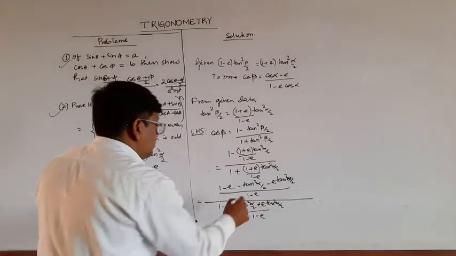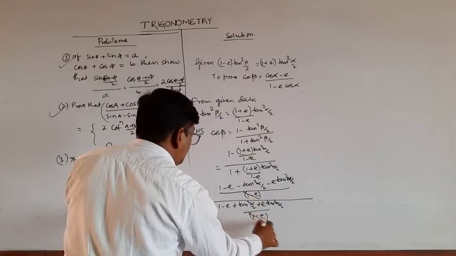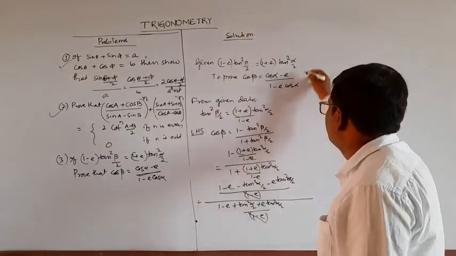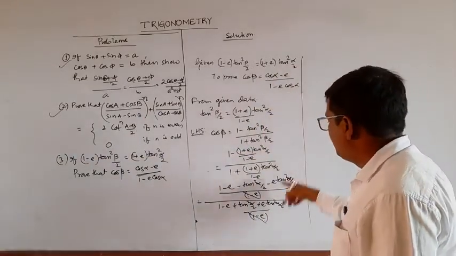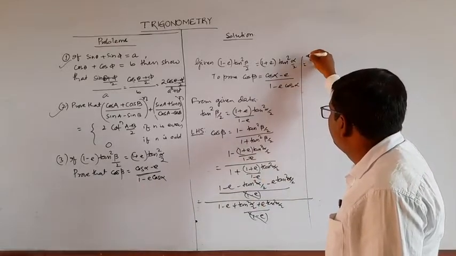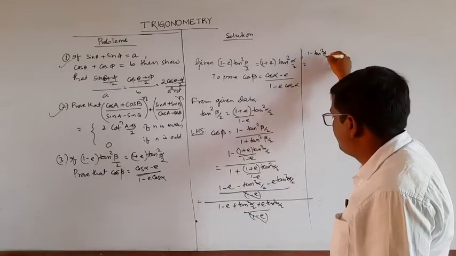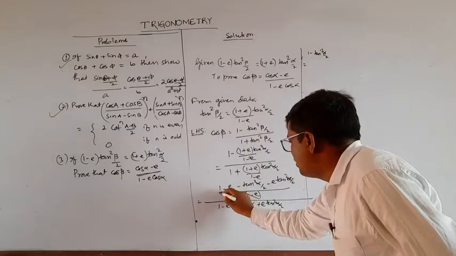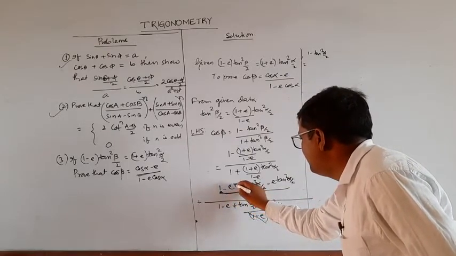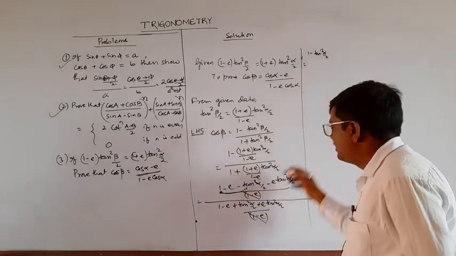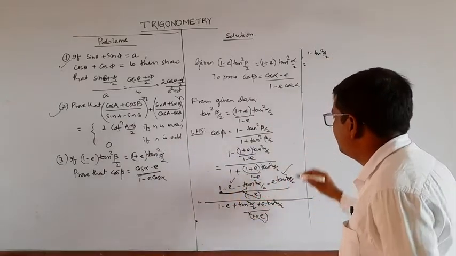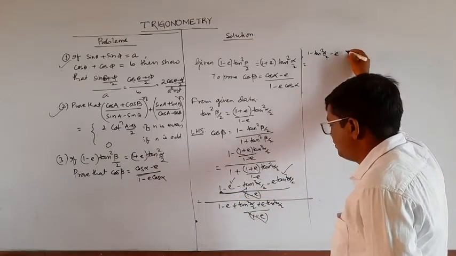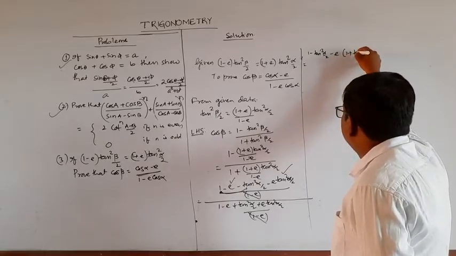Okay, so 1 minus e cancels. Write 1 minus tan square alpha by 2 and take e common, writing this term near this term: minus e common, that is 1 plus tan square alpha by 2.